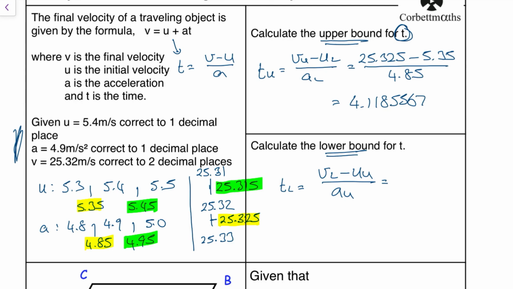So let's pull all this out. So that's going to be 25.315 minus, what am I doing? U upper, which is 5.45. By the way, this is a good test of laying things out neatly because it's easy errors to make here. Right, calculate average again, which gives me 4.0131313.